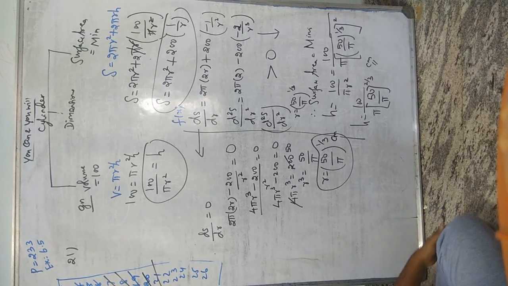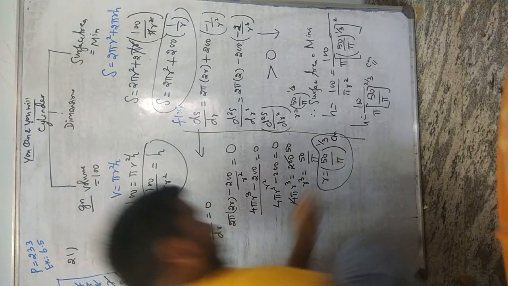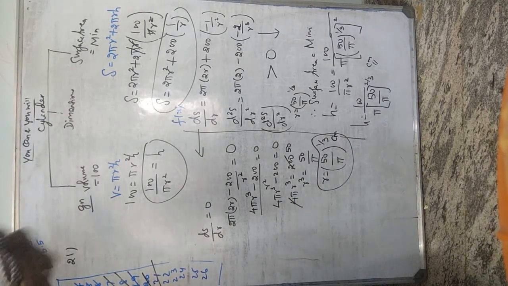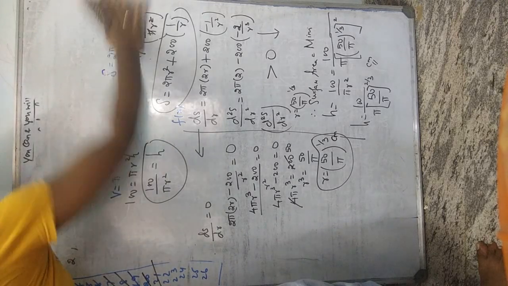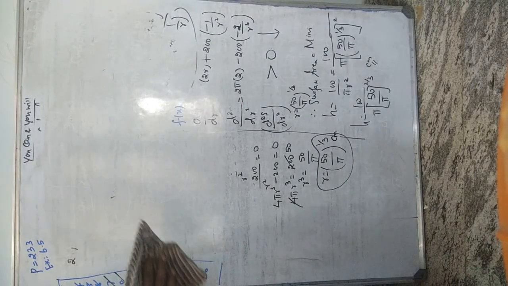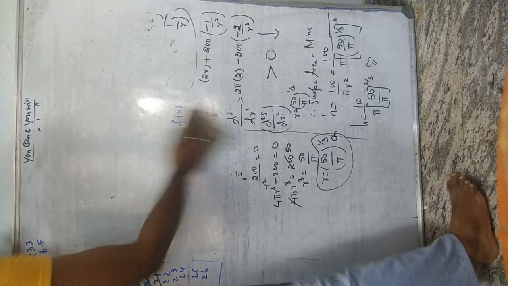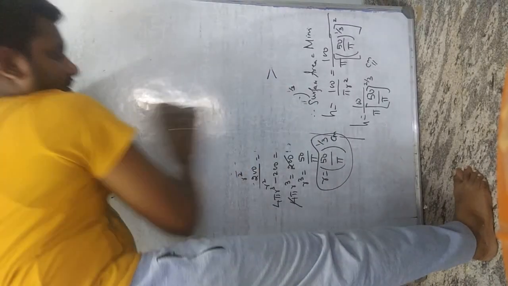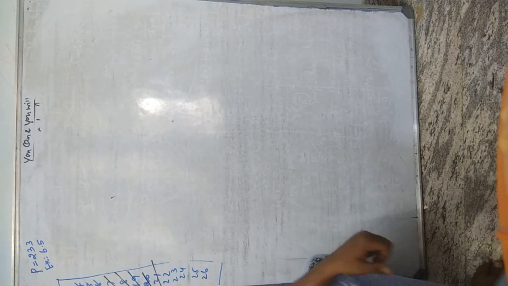I'll move on to the 22nd sum. A wire of a length, what is the shape of a wire?